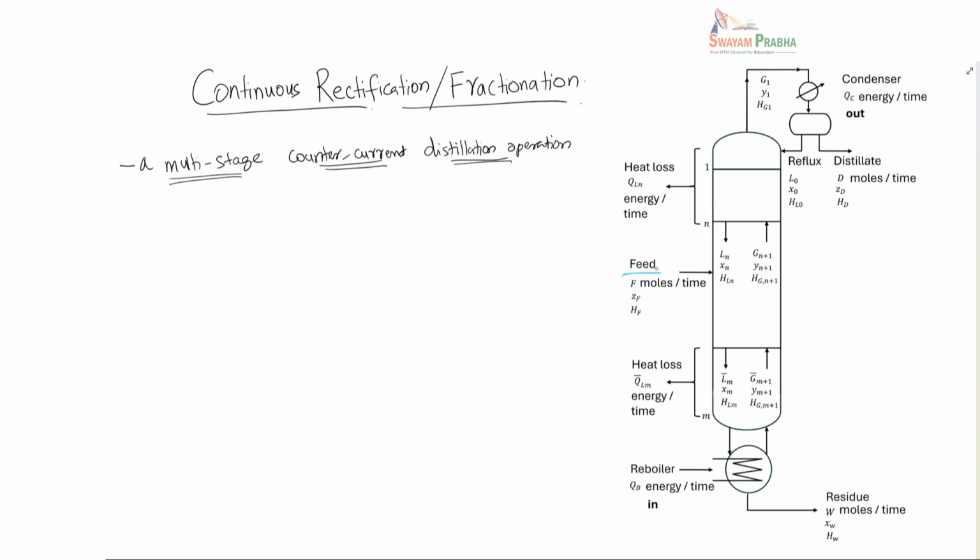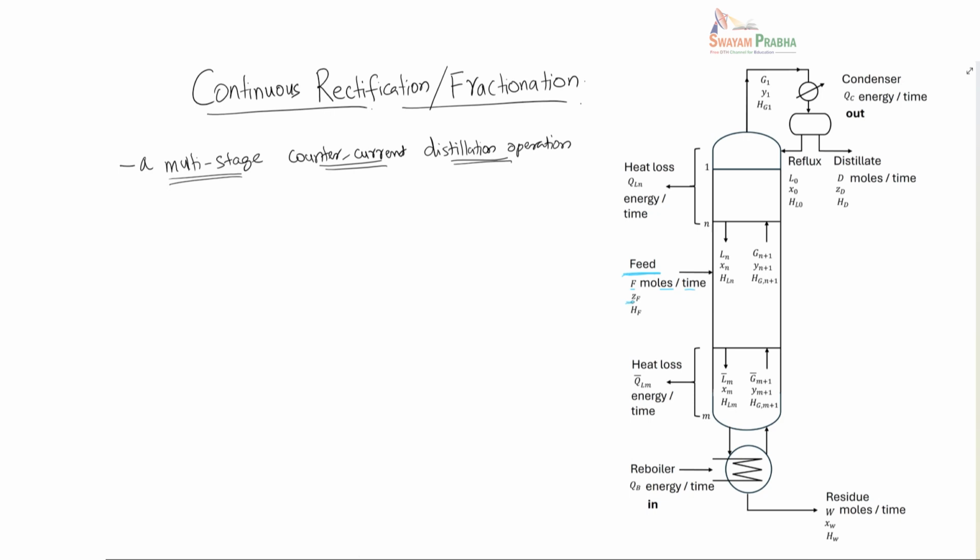Okay, so here what we have is this feed, and the feed is mentioned as F moles per unit time. Okay, so this feed will mostly be a liquid, but it can have a vapor, it can have a vapor plus liquid mixture also. But we will say that the feed is characterized by F moles per time, that's a molar flow rate F, and then it has a composition of ZF.